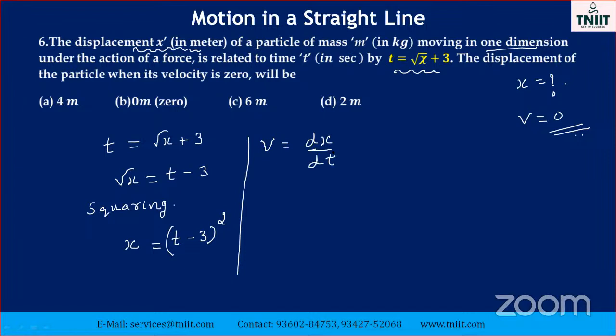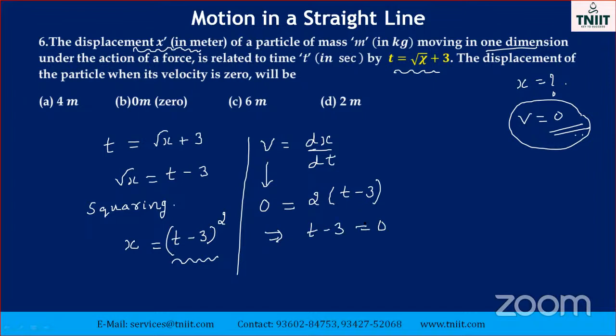Given that the velocity is 0, which is equal to dx by dt, that is the differentiation of t minus 3 whole square, that is 2 times t minus 3. This implies t minus 3 is equal to 0, or t equals 3 seconds.